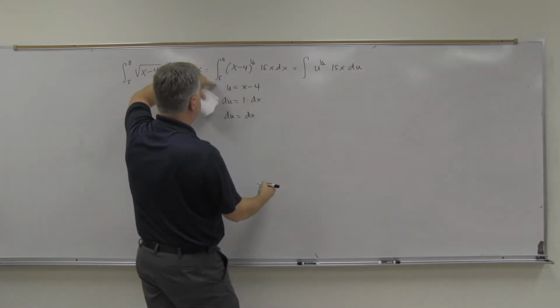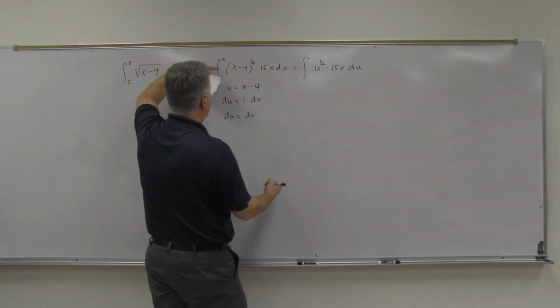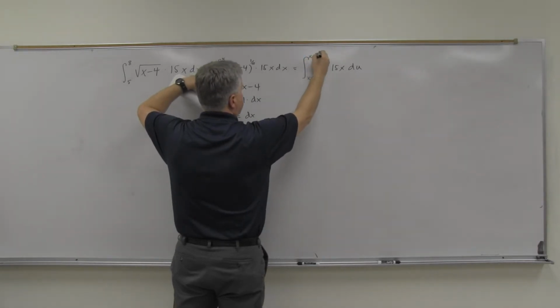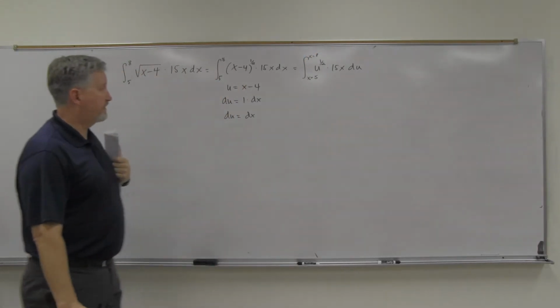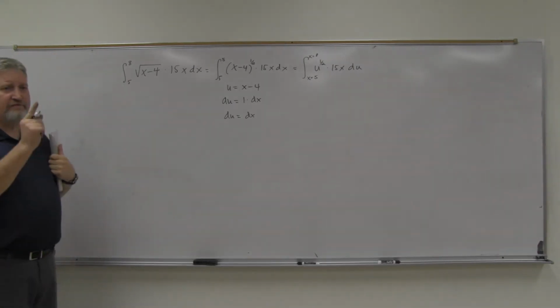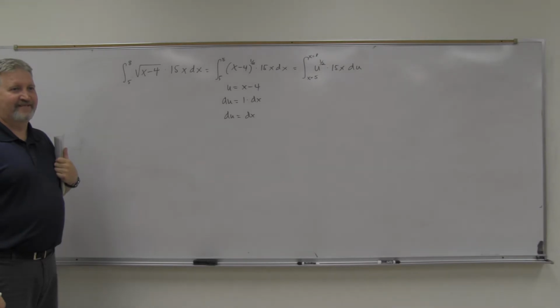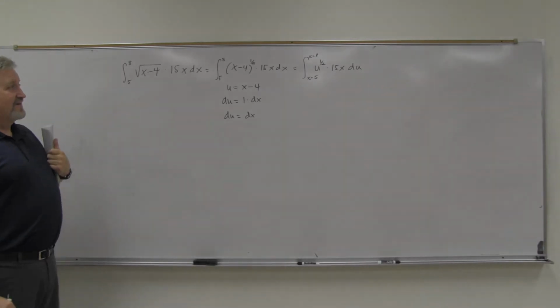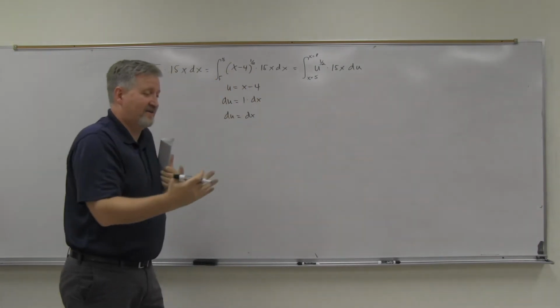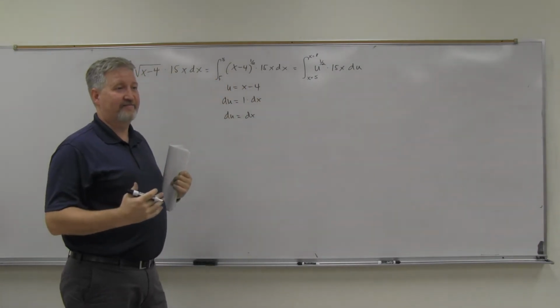And again, since I'm doing the upper and lower limit thing, these are x's, not u's. So make sure you notice that. But we still have a problem, don't we? Problem is, when I do my u-substitution here, in this case there's no cancellation, I still have an x.